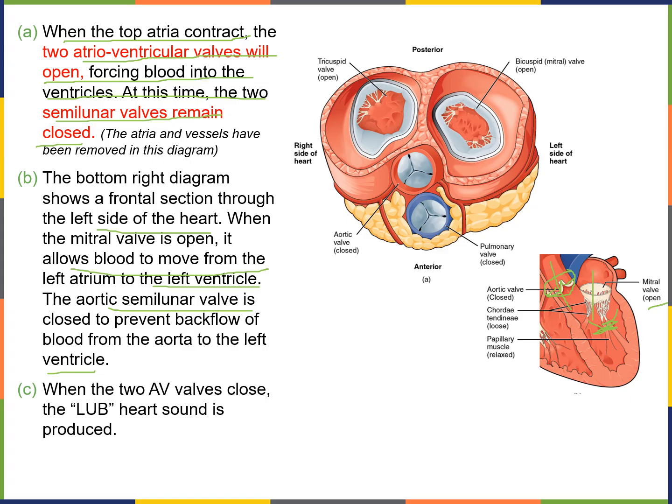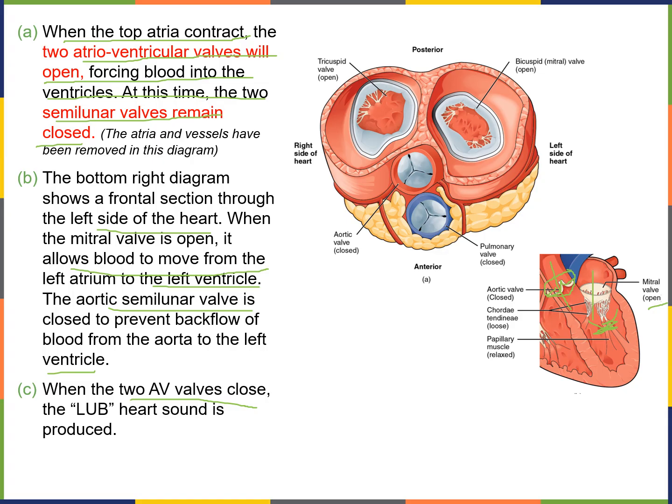Now, when the 2 AV valves close, often a heart sound is produced, and the 2 AV valves will close when the ventricles contract. Because when the ventricles contract, blood has to go into the aorta and the pulmonary trunk. So the semilunar valves will have to be open.